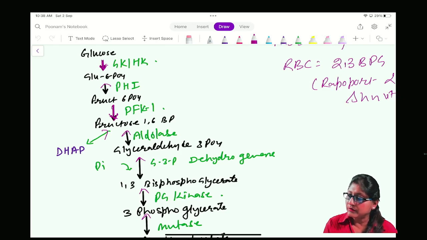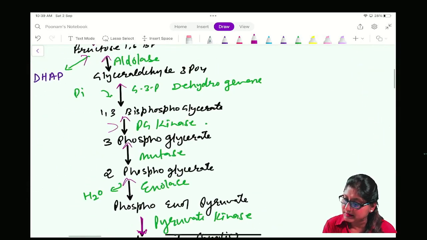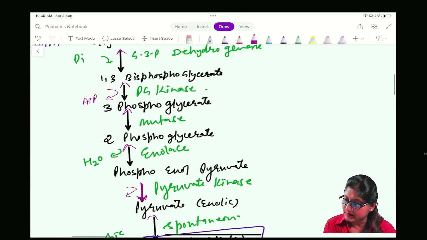So now when we talk about ATP consumption, there are 2 ATP which are consumed, one at the GK step, another at the PFK1 step. And then you have 2 ATP produced, one at the PG kinase step, another at the pyruvate kinase step. This is called substrate level phosphorylation, because you don't need the electron transport chain, NADH, FADH2 for ATP generation.